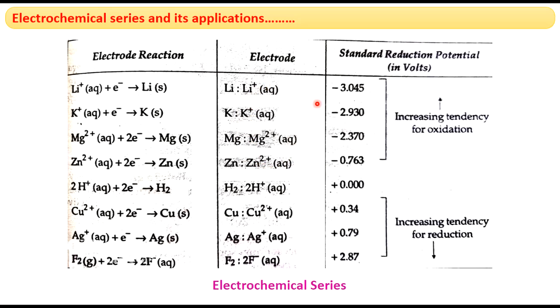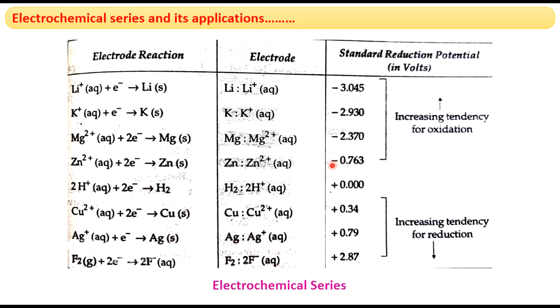So their SRP values are negative. You can see here minus 3.045 for lithium, then minus 2.9 for potassium, then for magnesium minus 2.3, minus 0.7 for zinc, like this. So these are the better anodes. Lithium has the least SRP value, so it acts as a strong reducing agent.